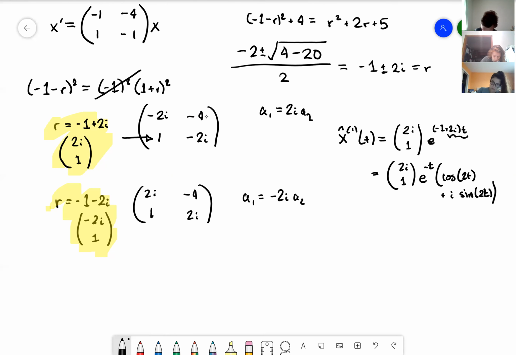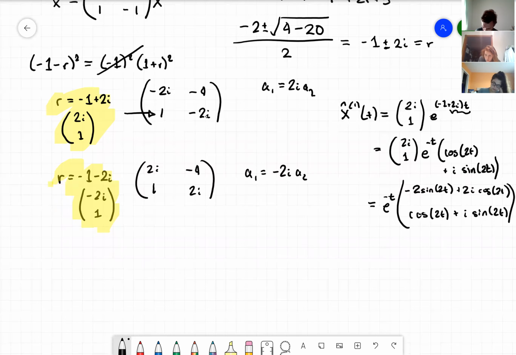And then I'm going to write this as its real and imaginary parts. So e to the minus t, -2 sine of 2t, I'm just writing the real part first, plus 2i cosine 2t. So that's the top entry of my vector, and the bottom entry is cosine 2t plus i sine 2t.